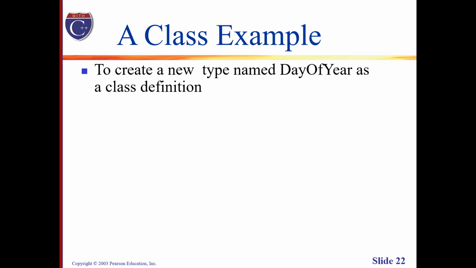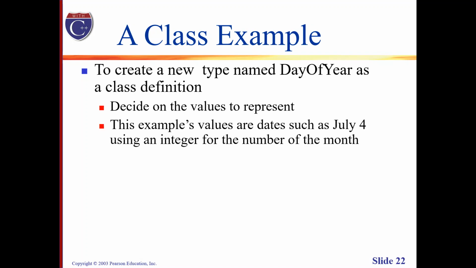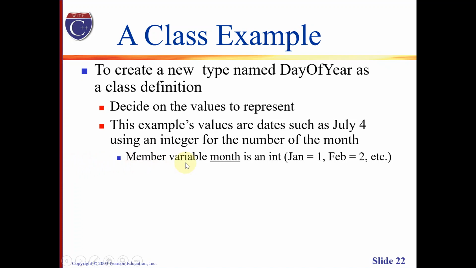Here's an example of a class. To create a new type named DayOfYear as a class, we first decide on the values to represent. For example, this can be a date, using an integer for the number of the month. So let's say a member variable month can be declared with the type integer. Therefore, January should be assigned a value of 1, February a value of 2, and so on.